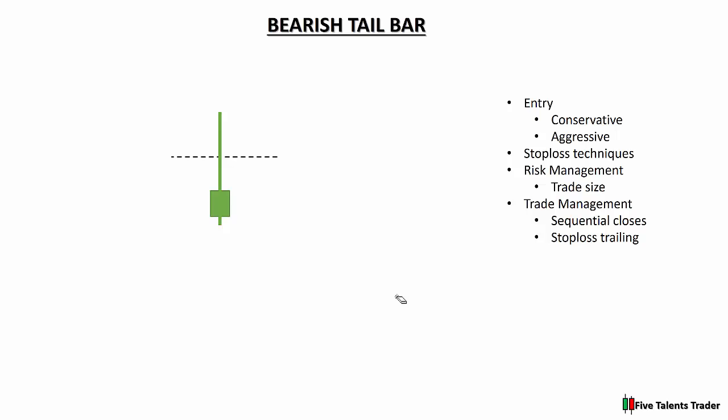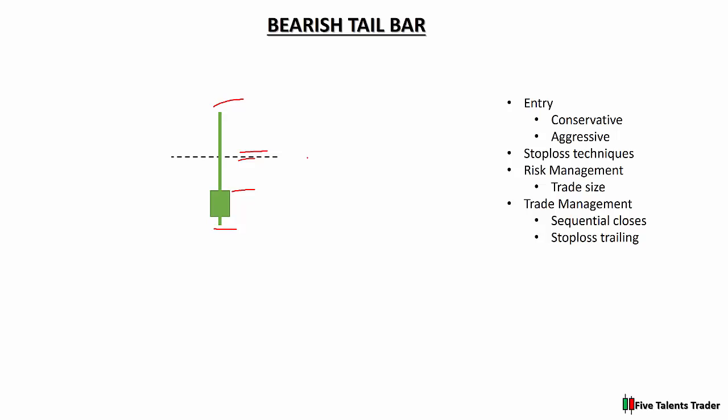And like the bullish entry, the bearish entry is again similar. Aggressive enters there, conservative enters there. Aggressive stop loss here, conservative stop loss there, and in certain cases 5 pips above the support resistance.